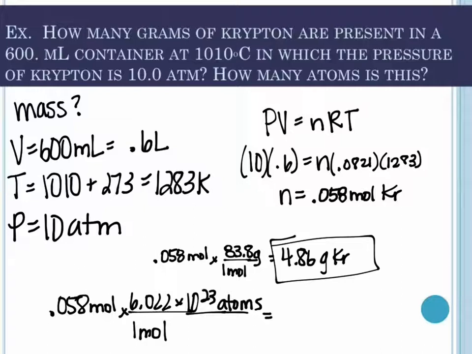So that in the calculator, what do we get? 4.81 times 10 to the 22nd. Is that right? 3.49.